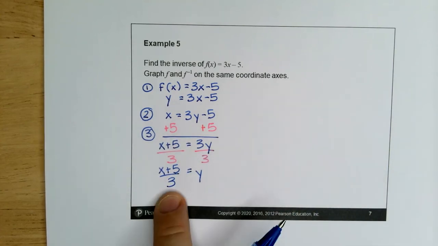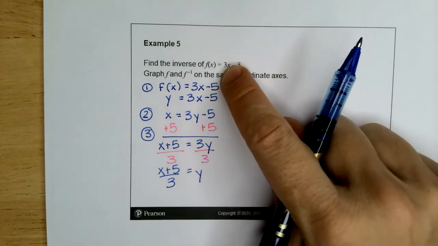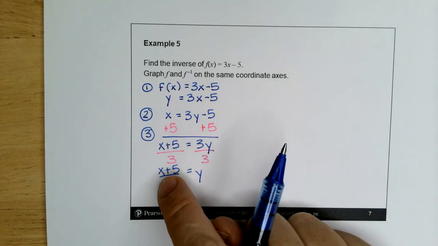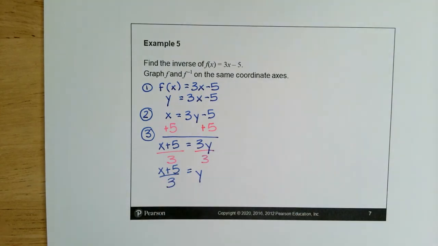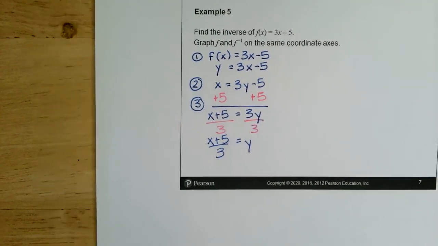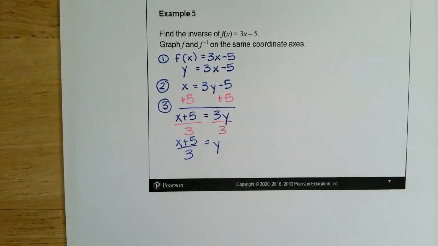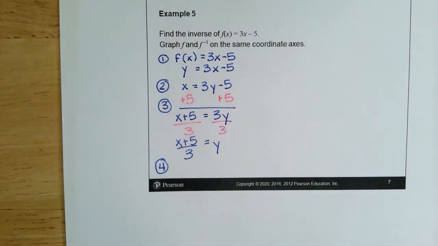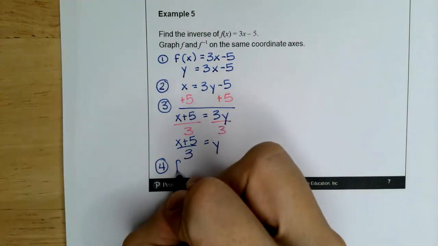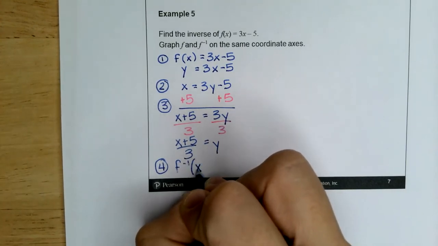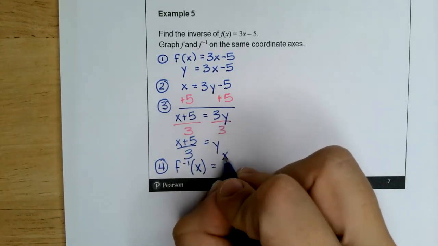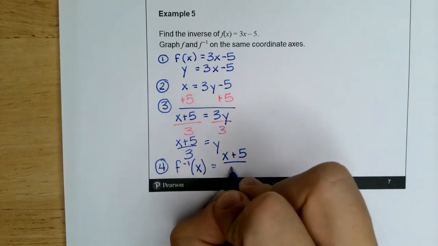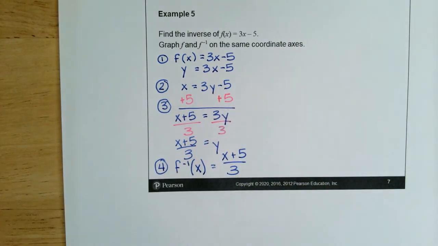And like I said, I have a division by 3, which cancels out multiplication by 3. And I have an addition of 5, which cancels out subtracting 5. Good. Step 4 was change the y back to show that we know it's the inverse. This notation says we know what we did is the inverse of f of x.